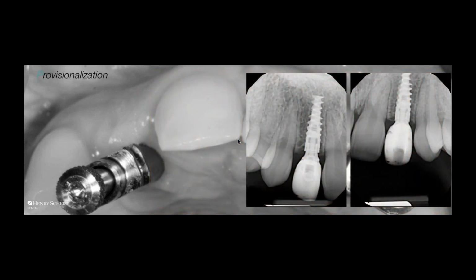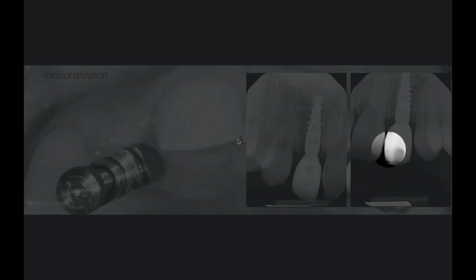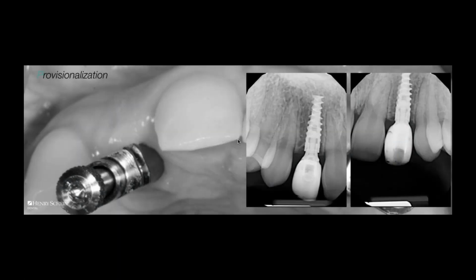You can see from these provisionals just how thin the plastic material is, the acrylic, and that if I were to try and make this out of a ceramic material, there'd be no chance.